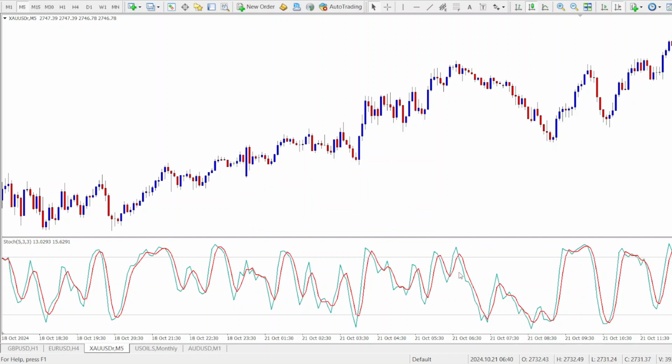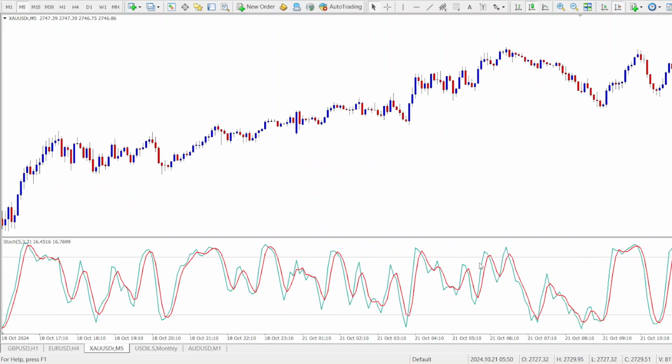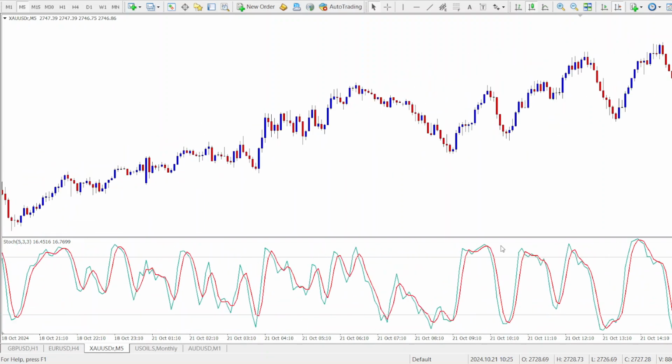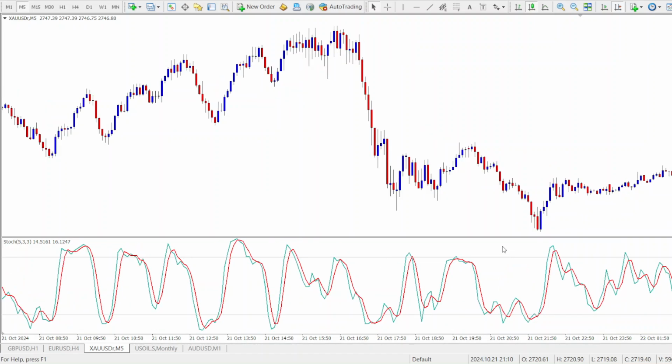You can see the way the stochastic indicator changed. Now, these settings help to react faster to price movements, providing more timely signals without being too noisy.